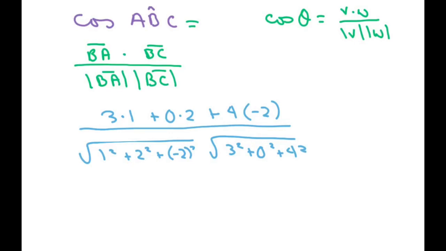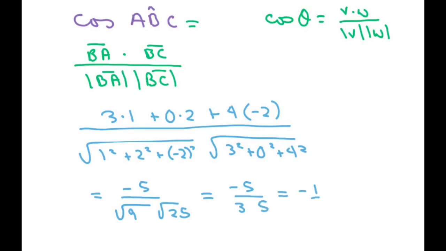And this is going to give you -5 over the square root of 9 times the square root of 25. And that equals -5 over 3 times 5, which just equals -1/3. So that's cosine.